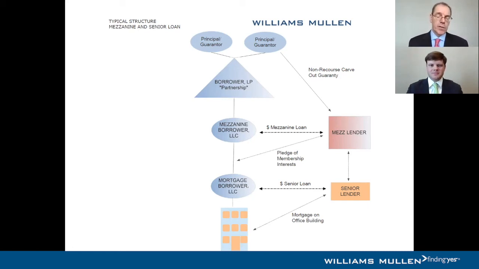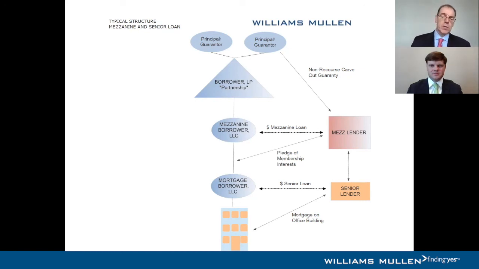And over and above that, the intercreditor agreement lays out exactly where each of the lenders can exercise certain remedies that may be attached to their loan agreements. So that's an extremely important document for mezz lenders to negotiate for protection.